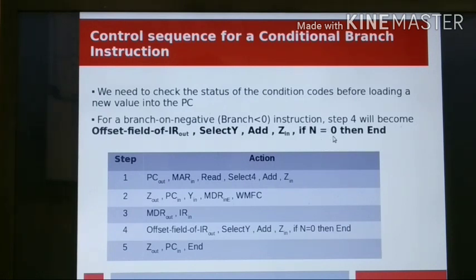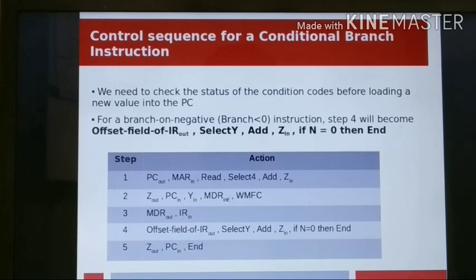N is equal to 0 means not a negative number. Then in that case, we can finish the execution of this instruction with this step itself. That is, we are not updating the PC value with the branch target address. If N is not equal to 0, then the fifth step will also be executed.